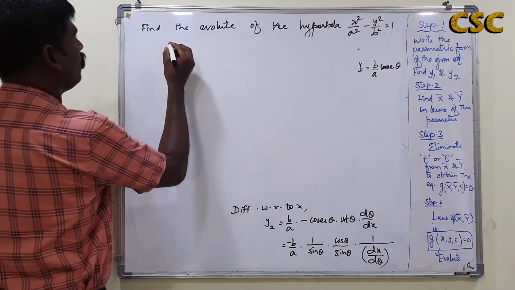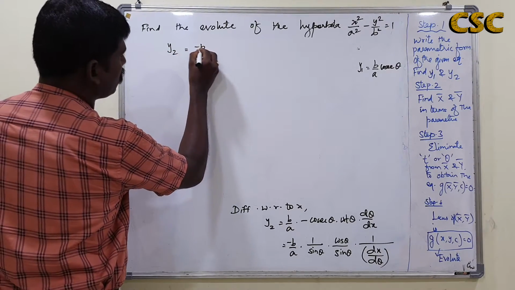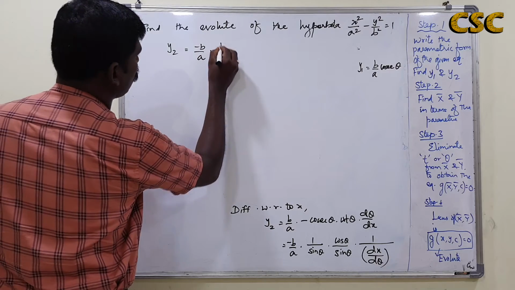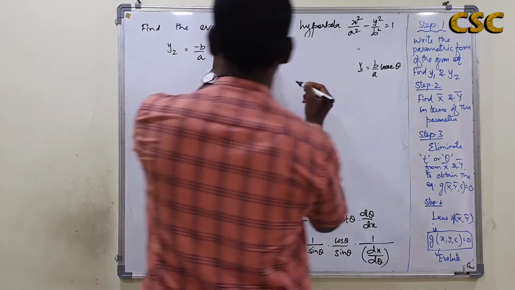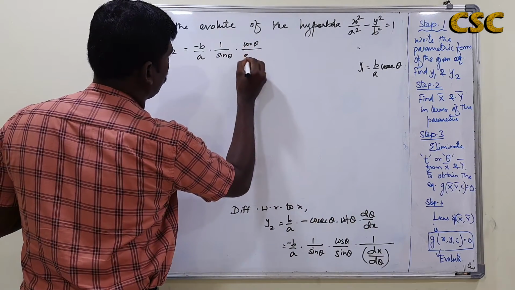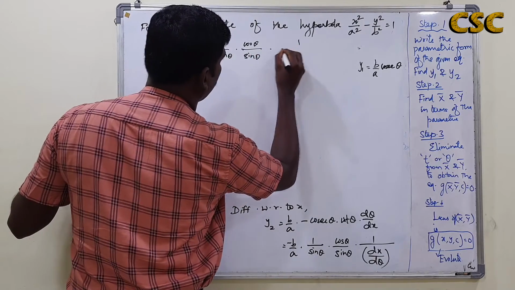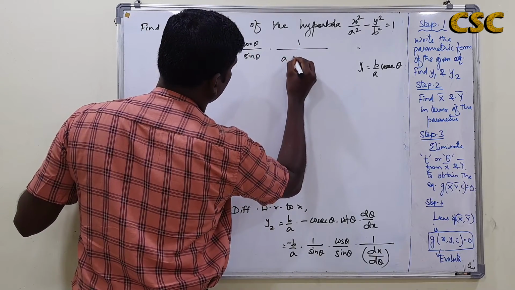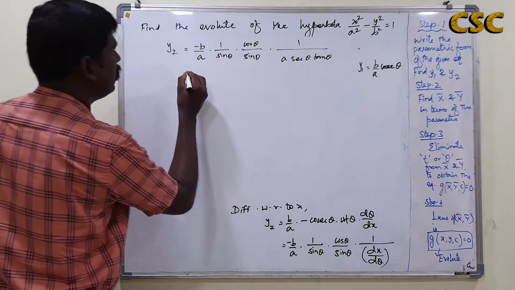So y2 is equal to minus b by a into 1 by sin theta into cos theta by sin theta into 1 by a secant theta tan theta, isn't it?